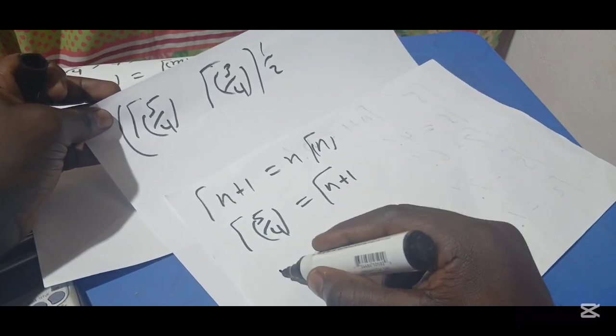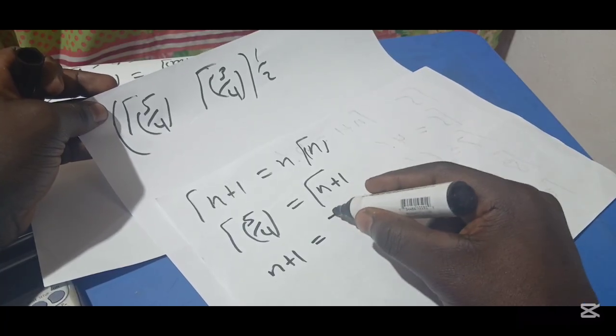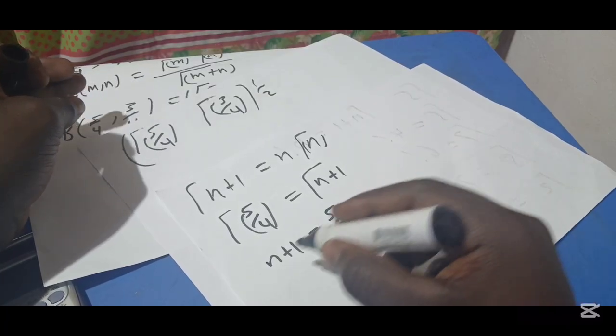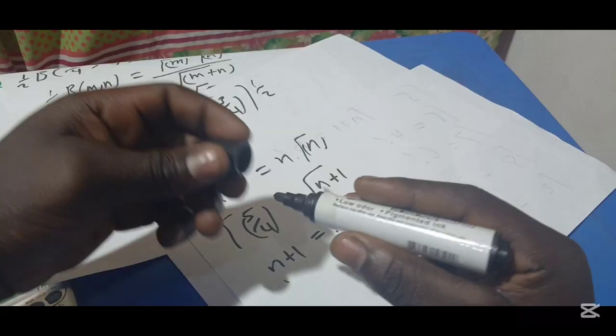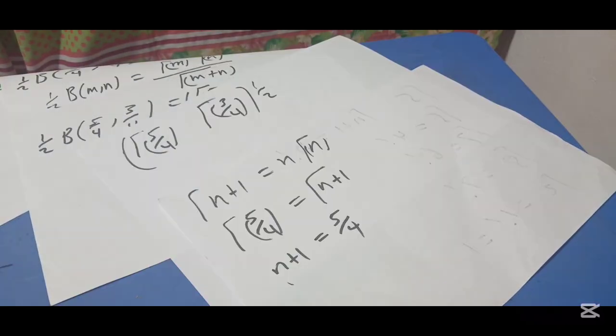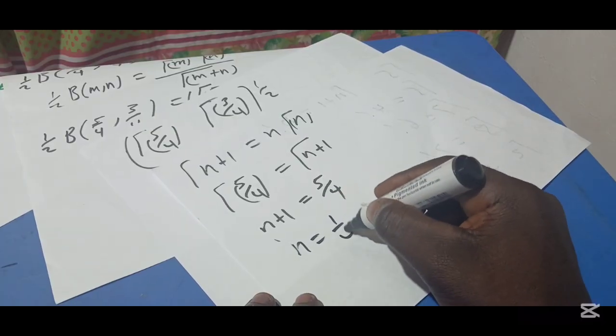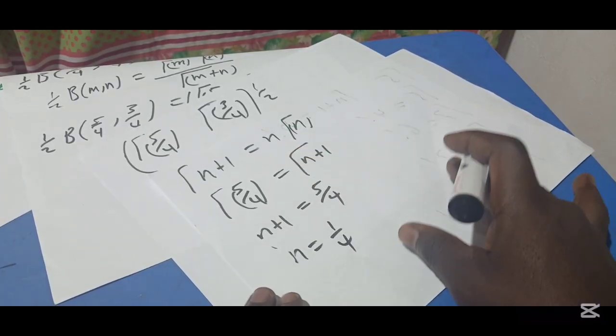So I just equate n plus 1 equal 5 on 4. So solving for n here, let me just use a calculator. Gives us n equal 1 on 4. I'm sure you'll be able to solve for this.